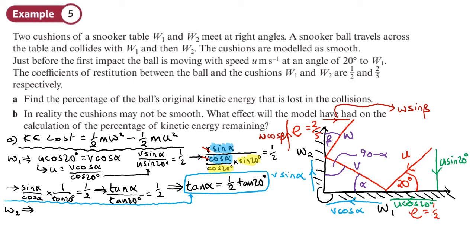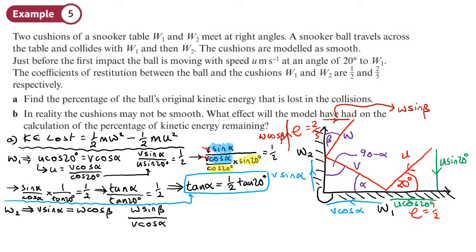So parallel to W2, V sine alpha equals, I think that's W cos beta. Then perpendicular to W2, the rebound is W sine beta over the approach, which is V cos alpha.